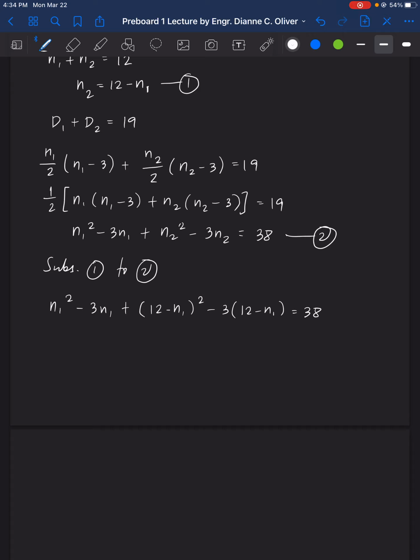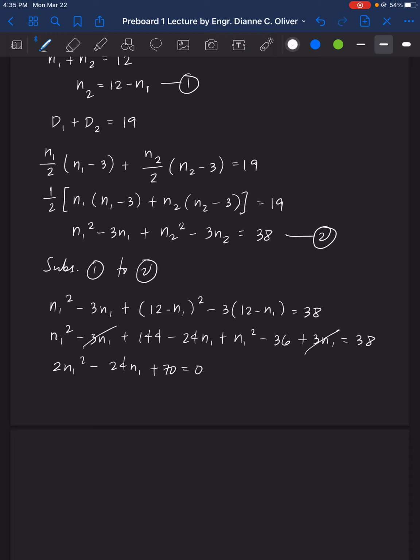If I am going to use the long method, then we have n1 squared minus 3n1 plus 144 minus 24n1 plus n1 squared minus 36 plus 3n1 is equal to 38. Cancel 3n1. We have here 2n1 squared minus 24n1 plus 70 is equal to 0.